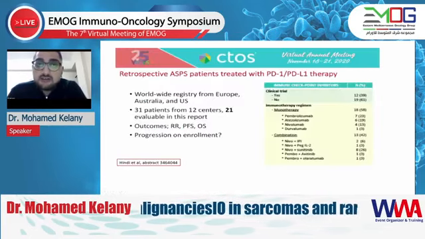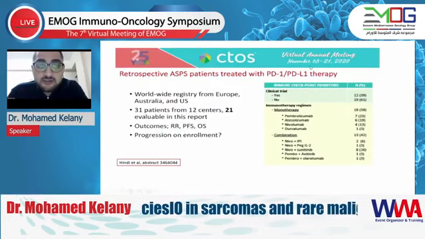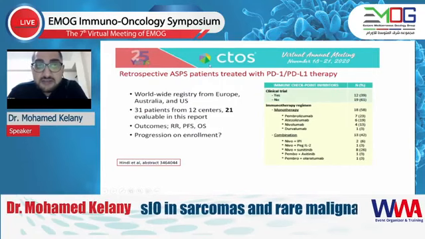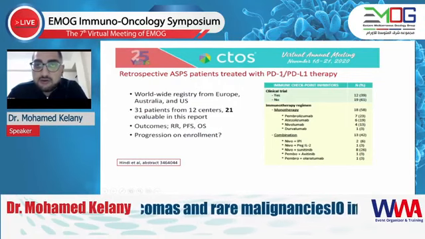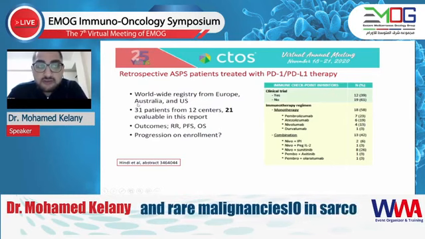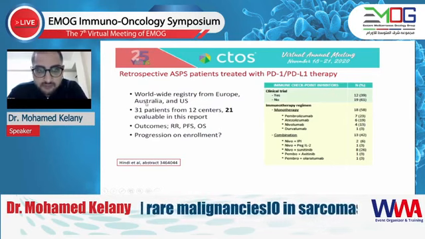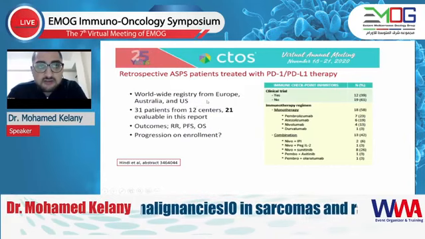From data published at the Connective Tissue Oncology Society conference 2020, retrospective data were collected for all patients with alveolar soft part sarcoma treated with anti-PD-1 or PD-L1 therapy worldwide. The total was 31 patients from 12 centers.